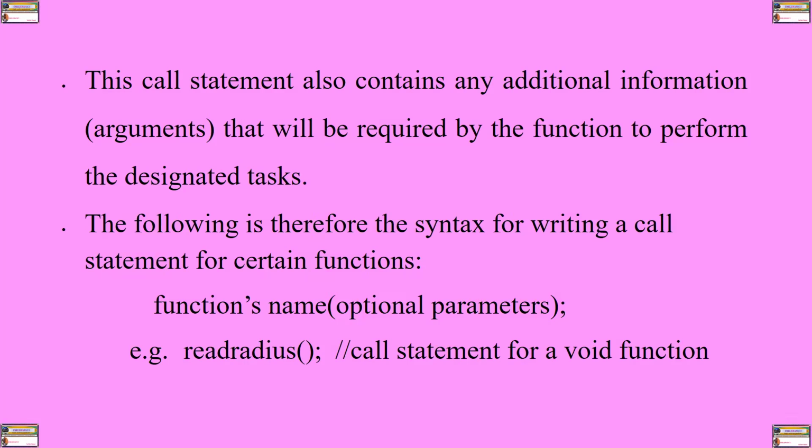For example, read radius, and you enclose nothing in it. So simply, the call statements are like the headers for the function. So these are call statements for a void function called read radius.